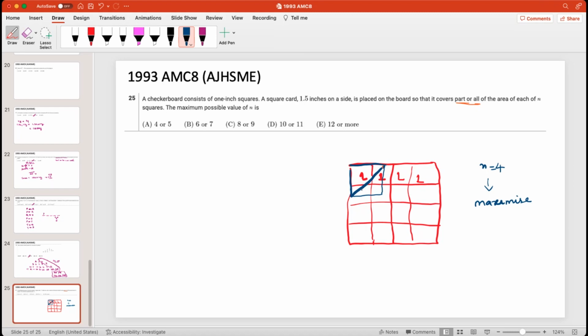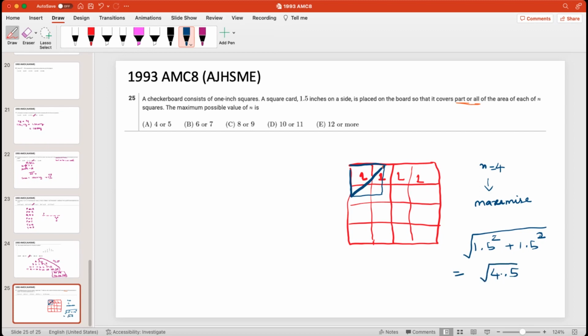Got it? So for this one, I will say this is 1.5, this is 1.5, this is the hypotenuse, right? So the diagonal will be the square root of 1.5 squared plus 1.5 squared. This is the hypotenuse, which is the diagonal. So this is nothing but 2.25 plus 2.25. So we add, we'll get 4.5. So this is going to be the square root of 4.5.